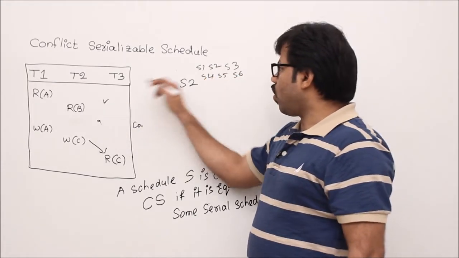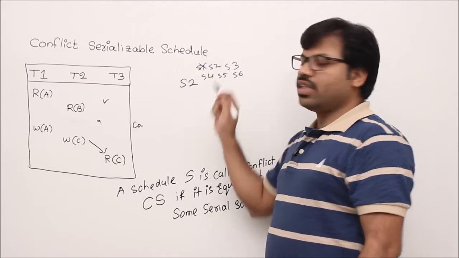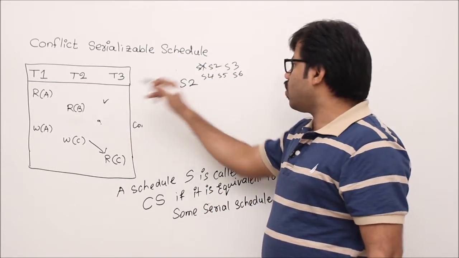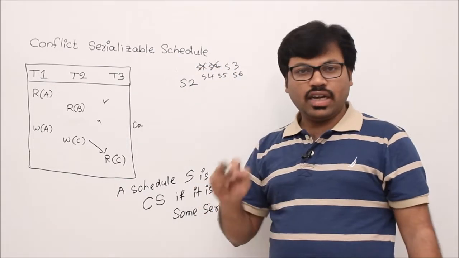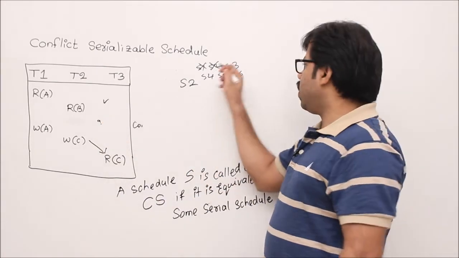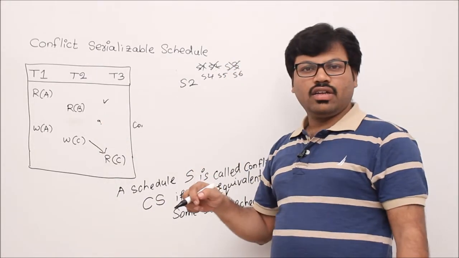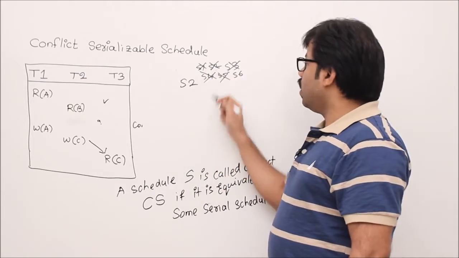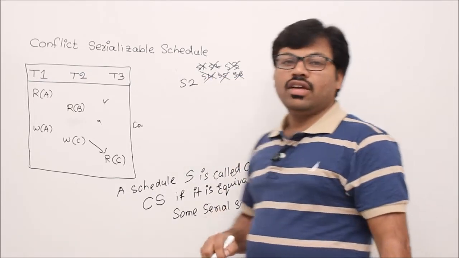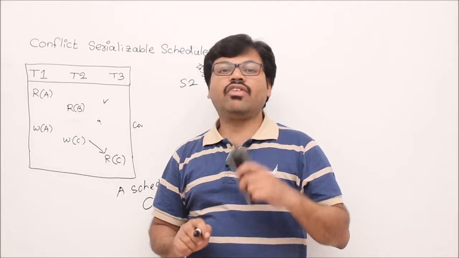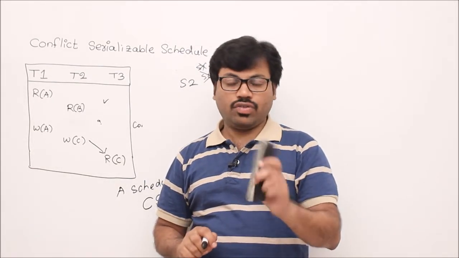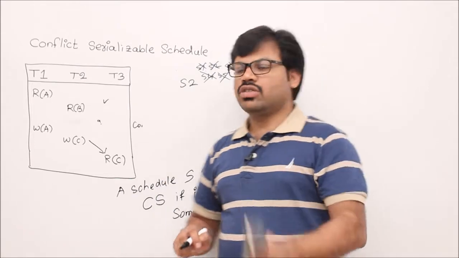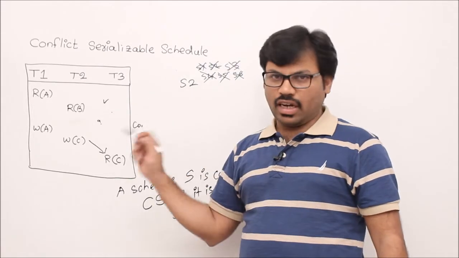Now this schedule is not conflict equivalent to S1, try with S2. If your schedule is not conflict equivalent to S2, still it doesn't mean that it is bad. It may be equivalent to this one. Try it again. Again if you fail, try this one. Again if you fail, try this one. Again if you fail, then your schedule is not equivalent to any serial schedule with respect to the conflict definition. So this schedule is not conflict serializable.